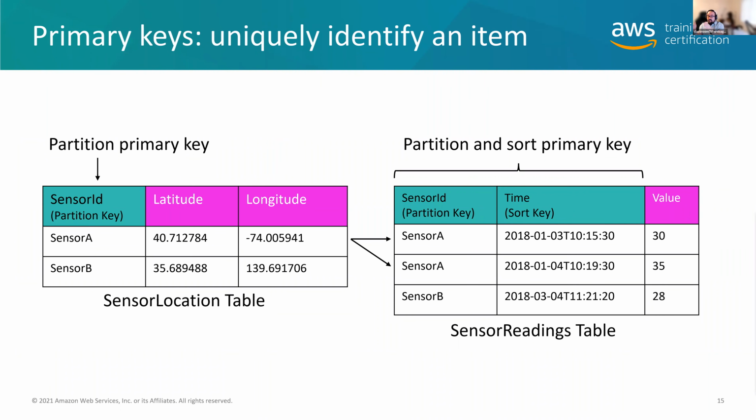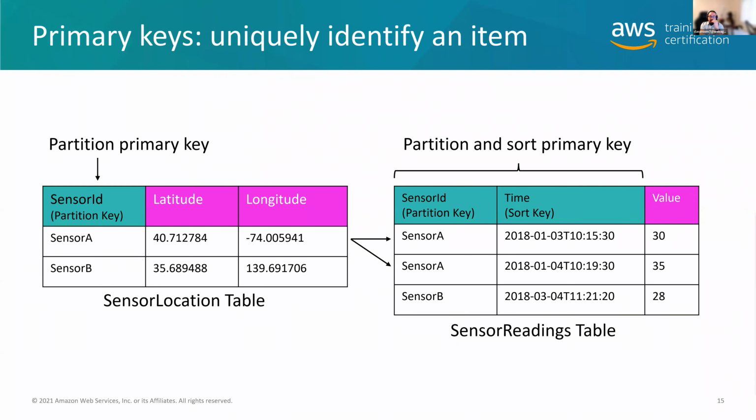So each item in the value section, regardless of the number of attributes in pink, the combination of the partition key and the sort key makes up the key, right? That's the key. So each item is uniquely identified by, in a sense, the composite key, the combination of those two keys. You've got to remember that DynamoDB can be used both as a key value store and as a document store.